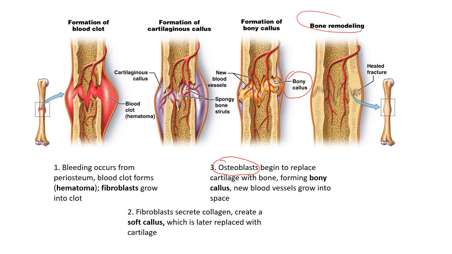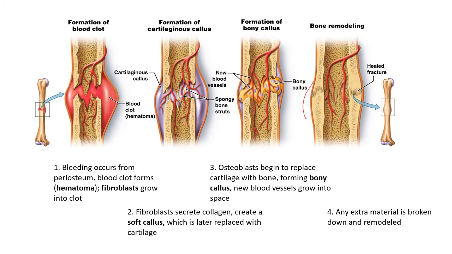The last step of bone repair is bone remodeling, where essentially the bony callus over time will be remodeled to get that bone as close to back to normal as it can be. Sometimes there is still an outward growth or almost like a scar that gets left, especially for really bad breaks.